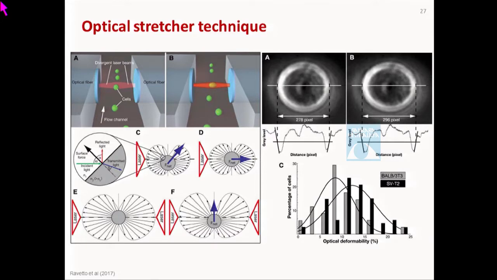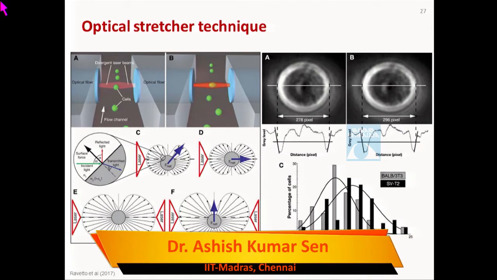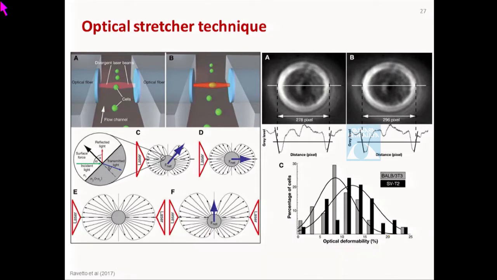However, if the optical scattering force is symmetric and large enough to overcome the drag force that tries to take the cells away, you can actually trap cells. You can trap cells, and you can also trap and stretch cells. This shows how the cells have been stretched, so the size has increased because of optical trapping. And this optical deformability, where you define the deformability index as I told in the previous slide, is a representation of the stiffness of the cells.